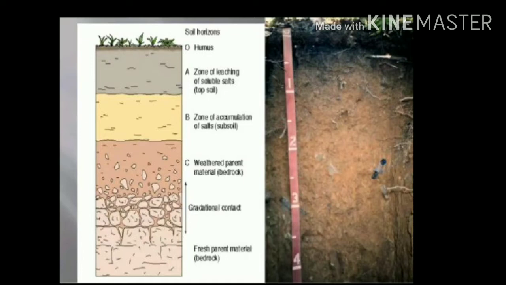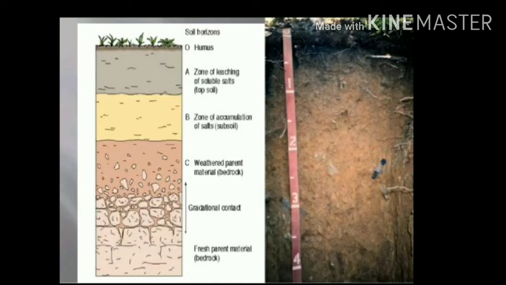Actually, we usually see only the top surface of the soil, not the layers below it. If we look at the sides of a recently dug pit, we can see the inner layers of the soil too. Such a view enables us to observe the soil profile at that place.